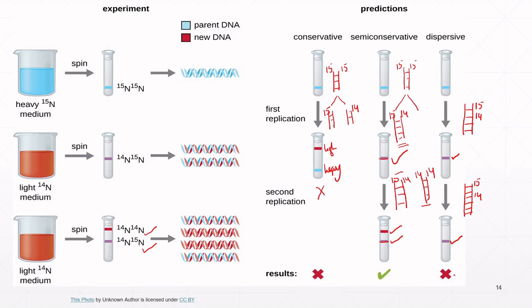So the dispersive mode is disproved. So by this interpretation of the experimental results, the semi-conservative mode of DNA replication is proved, disproving the conservative and dispersive modes. So this is the experiment done by Meselson and Stahl.